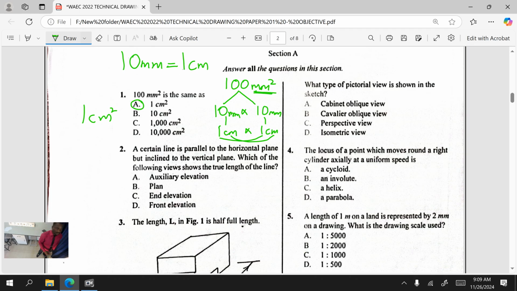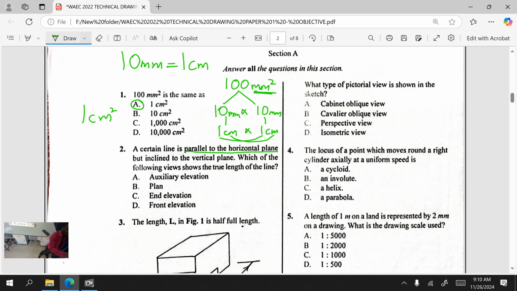Option A. Number 2. A certain line is parallel to the horizontal plane. Remember the words parallel to the horizontal plane, but inclined to the vertical plane.